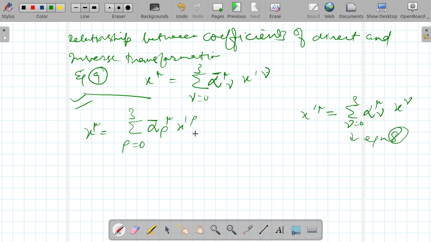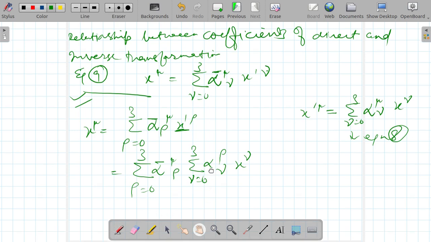So if I use this equation here, then this can be written as the sum over rho from 0 to 3, alpha bar mu rho, and using this part it becomes the sum over nu from 0 to 3 of alpha rho nu and x nu.